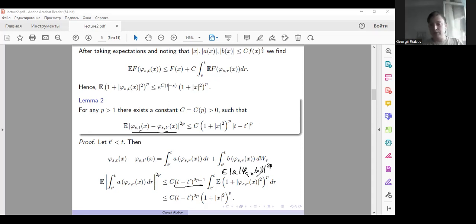Again, we use the Lipschitz property of a and bound this by some constant times (1 plus phi squared) to the power p, and we already know the estimate of this. In lemma 1 we estimated such expectation by (1 plus x squared) to the power p.